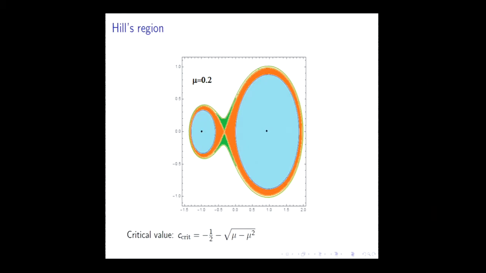So if the trajectory has low energy, it either stays orbiting around this body here, moving around here, or around here. If you increase the energy, then these two guys touch each other. It is this orange region here, the projection, which includes also the blue one.